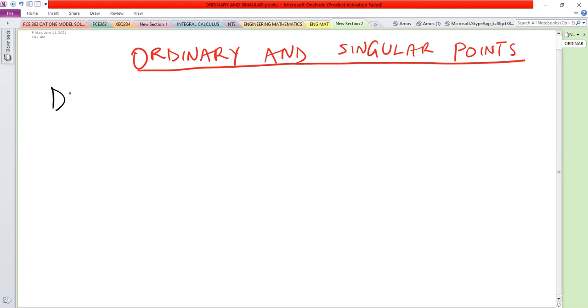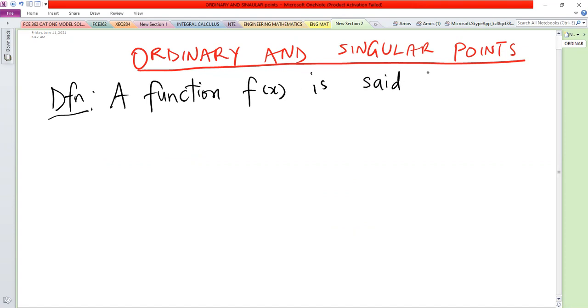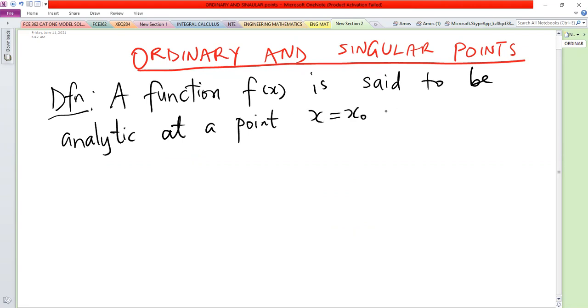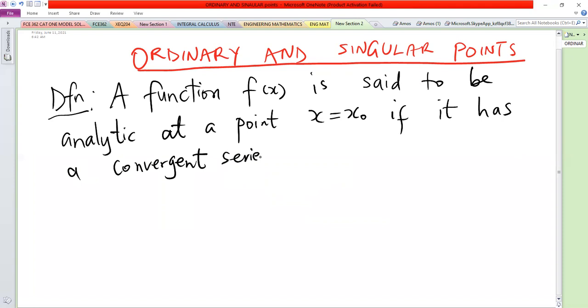So definition: we say a function f of x is said to be analytic at a point x naught if it has a convergent series on an open interval about the point x naught.